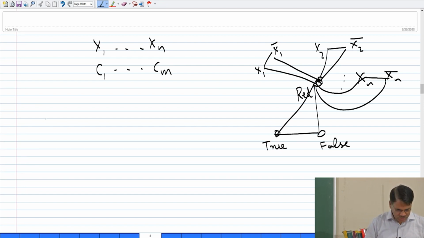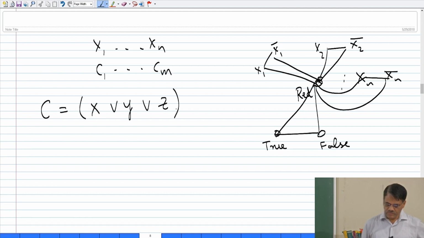So now for a clause, here is my construction. This will look like a Boolean circuit for you. So suppose I have a clause which is X or Y or Z, 3 SAT. Now each of these can be a bar. Just for simplicity, I have assumed it is X or Y bar or Z. Y could be X7 bar, Z could be X25 bar, any of these.